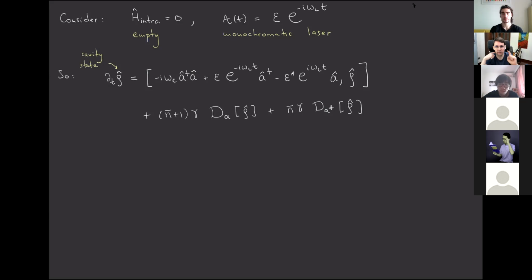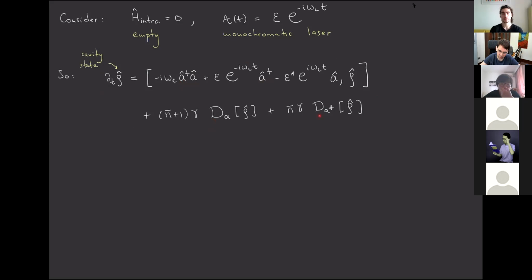So that's one thing we know, but now we also see that another way of seeing the Gaussianity when you deal with a master equation is the following. You see that this master equation is quadratic in annihilation and creation operators, right? The Hamiltonian has a linear part and a quadratic part.